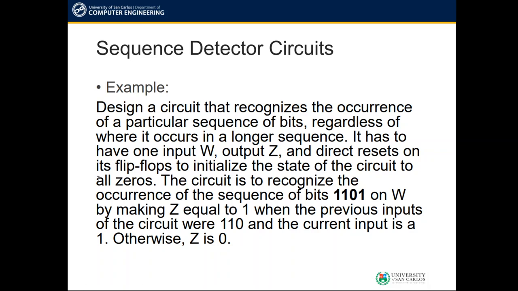It has one input W, an output Z, and a direct reset on its flip-flops to initialize the state of the circuit to all zeros. The circuit is to recognize the bits 1101. This is the sequence we want to find.